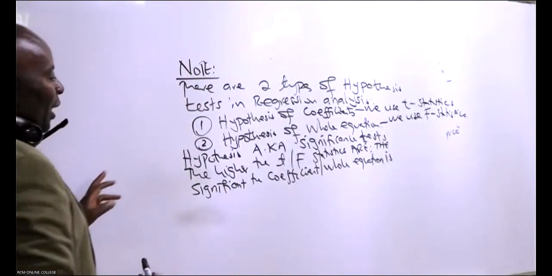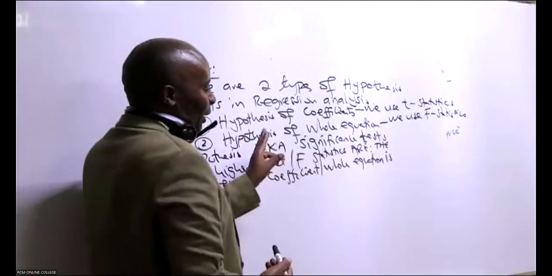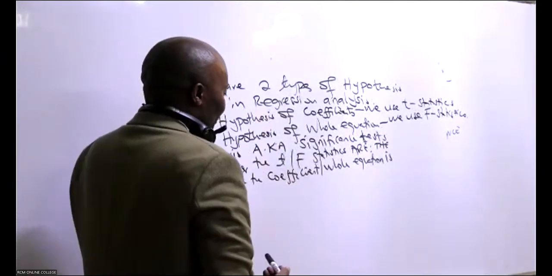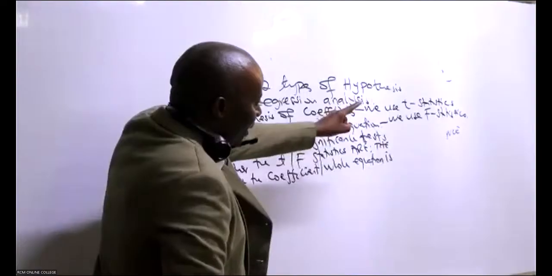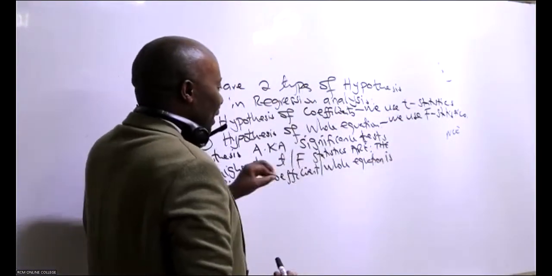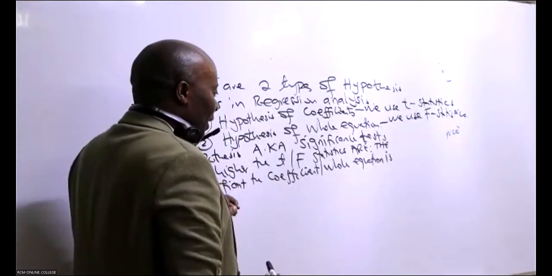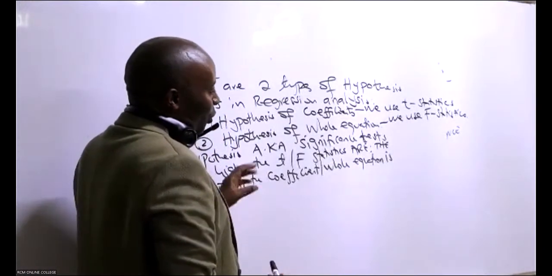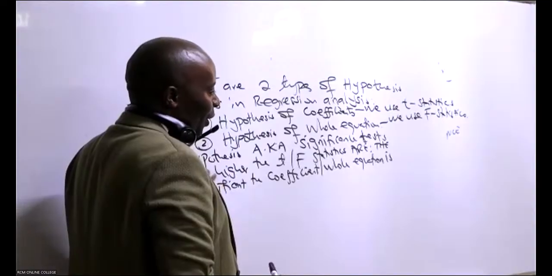I'll repeat, hypothesis testing is also known as significance tests. And the higher those T and F statistics are, the better, the more significant the coefficients or whole equation will be. Very, very important.